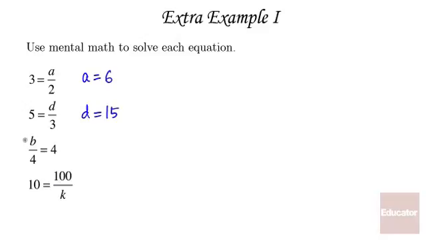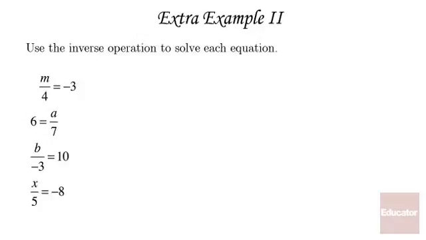Okay, so 16 divided by 4 is 4. That means I have to make b equal to 16. And then 100 divided by a number is going to give you 10. So what is k? K has to be 10 because 100 divided by 10 is 10.